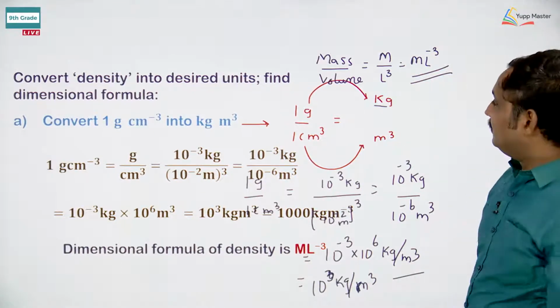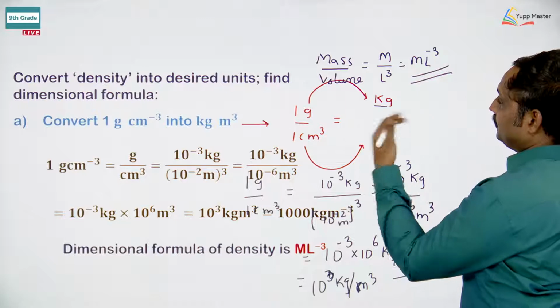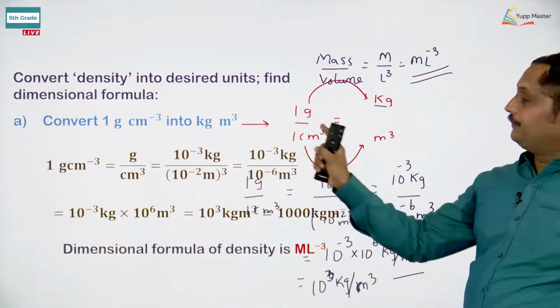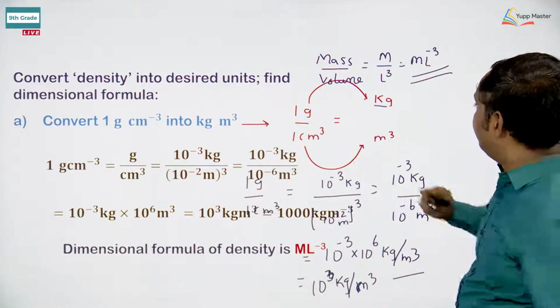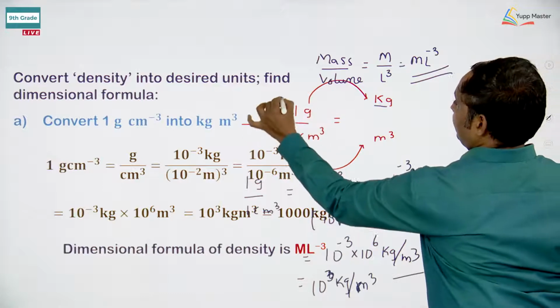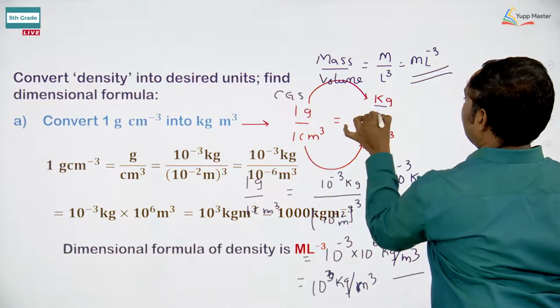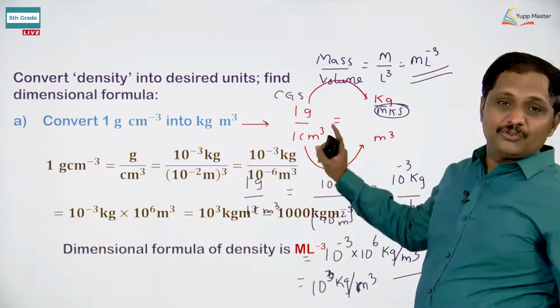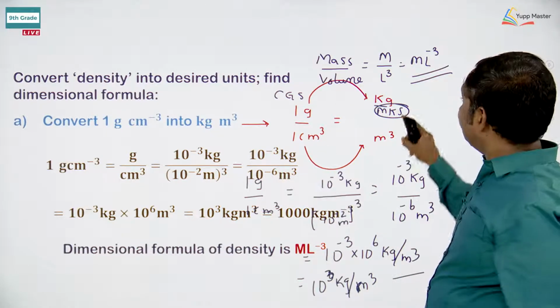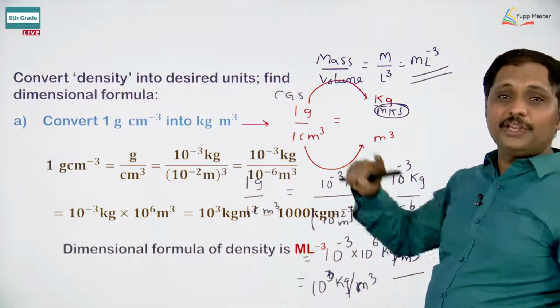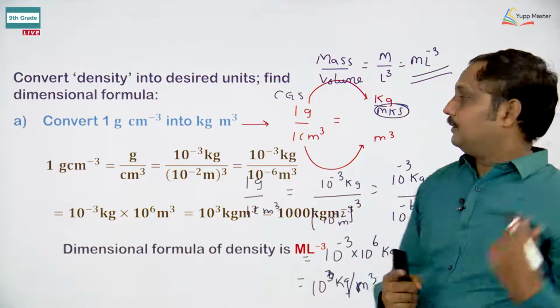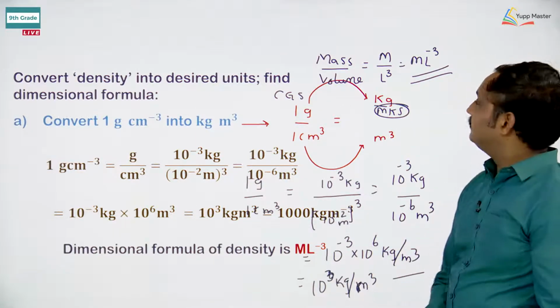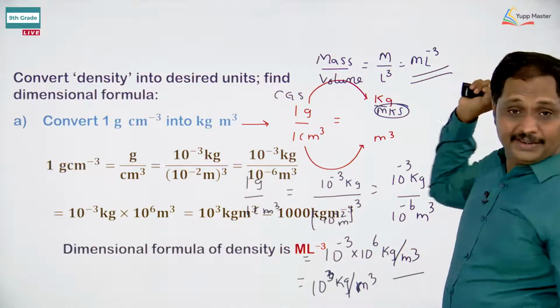Now we have converted into the desired system, from the CGS system to the SI system: grams to kg and centimeters to meter. At the same time, by knowing this formula, we have derived the dimensional formula, that is M L minus 3.